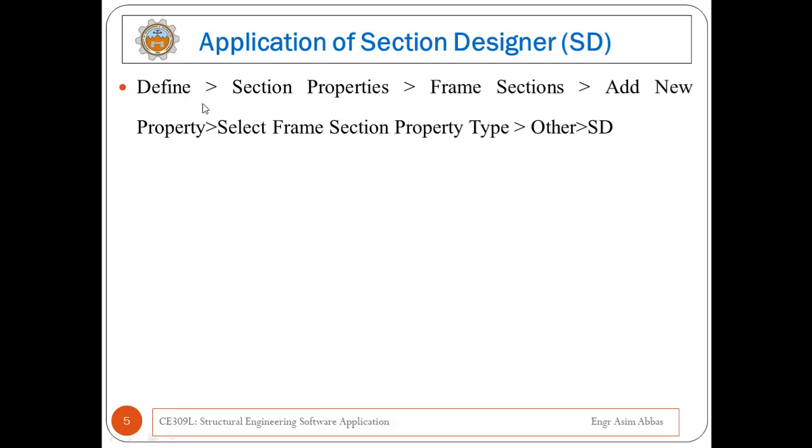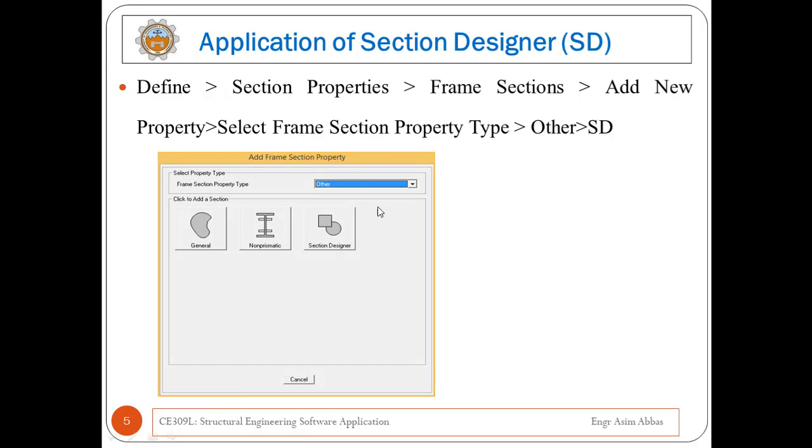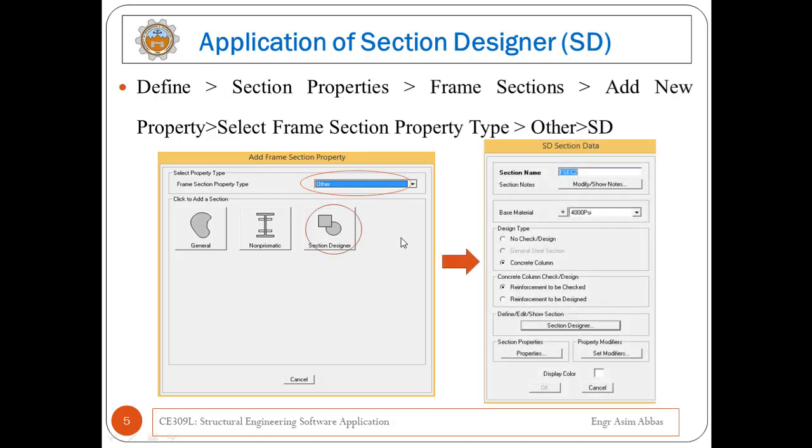Now, how to access section designer? For that, go to the define menu, then section property, then choose frame section, then add new property, then select frame design type other, right? So this window will appear. From other you will choose section designer. When you click on the section designer, the section designer data form will open.